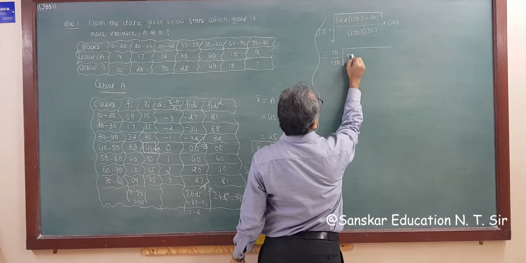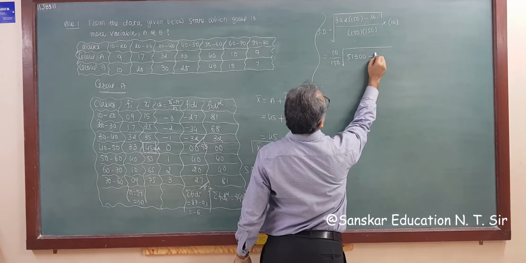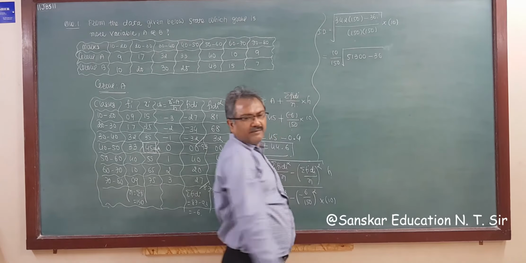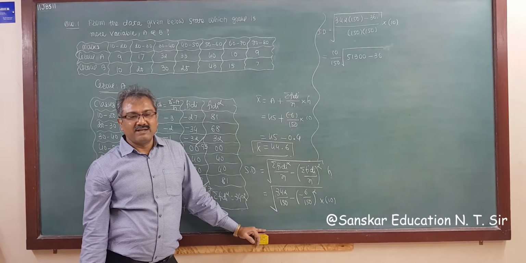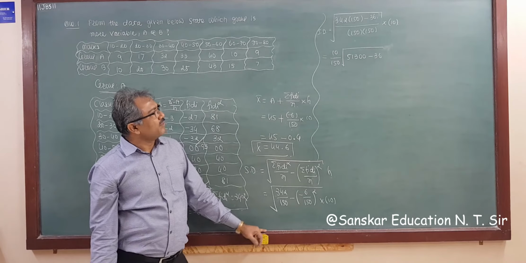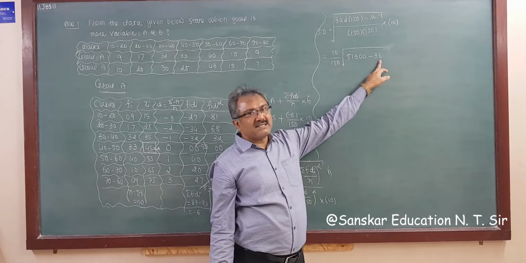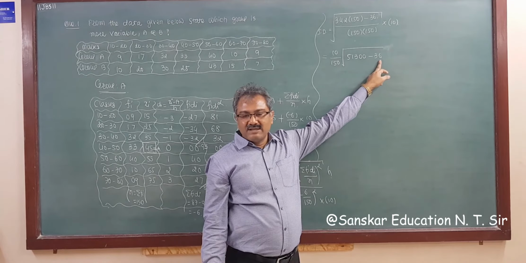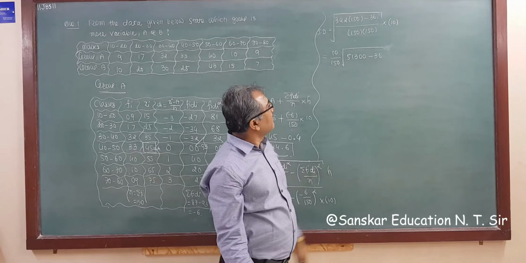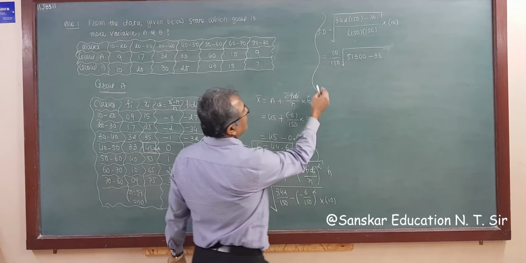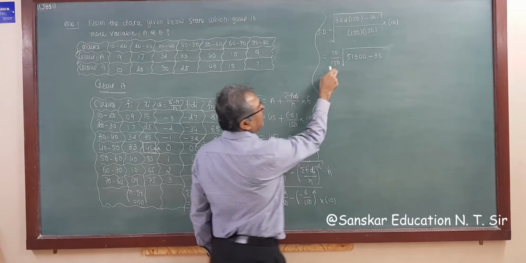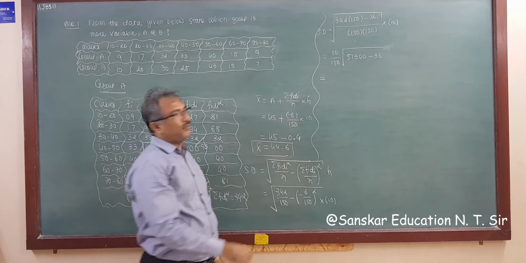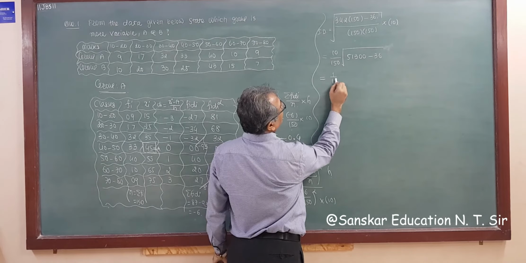Then 51300 minus 36. This is 10 by 150, that is 1 upon 15.